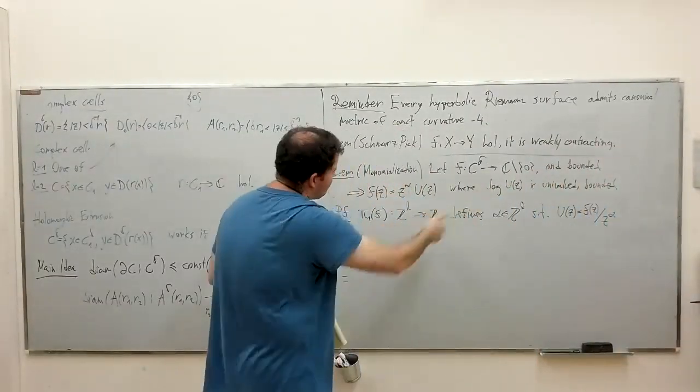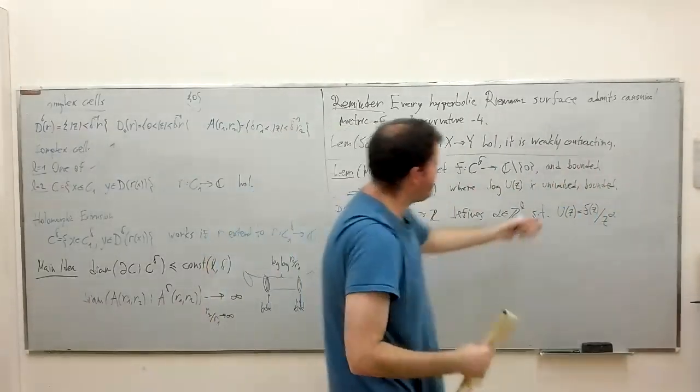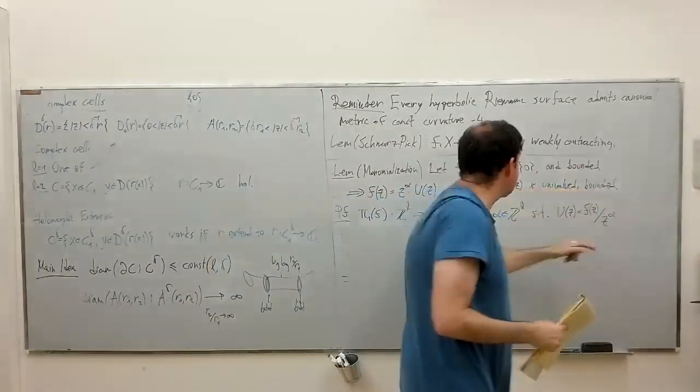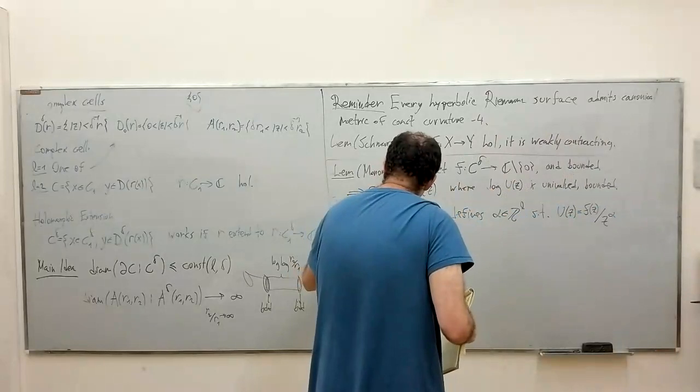So this guy basically will have no monodromy, so it has a well-defined univalued logarithm.